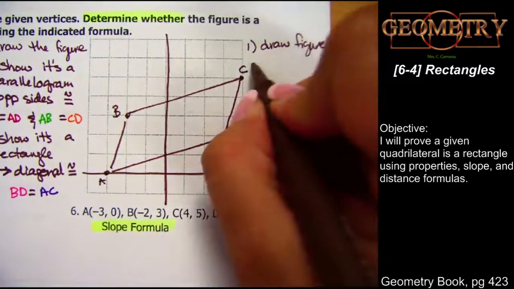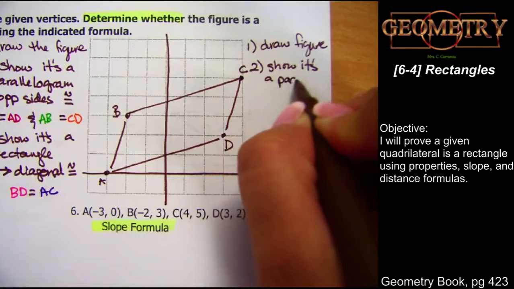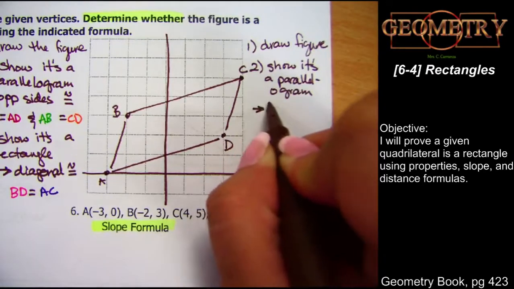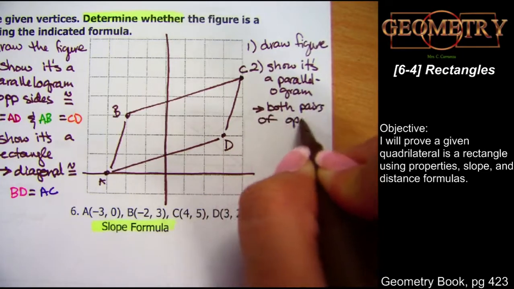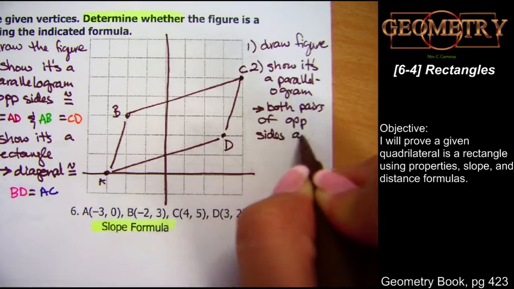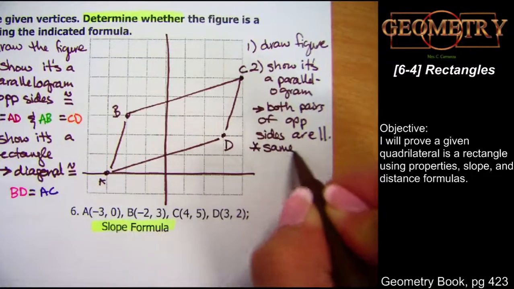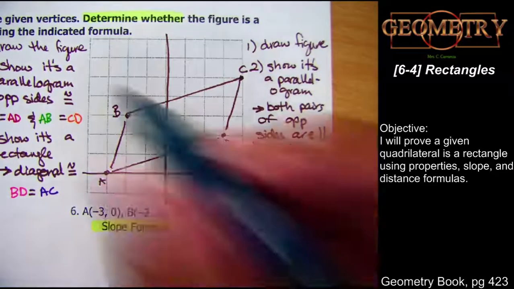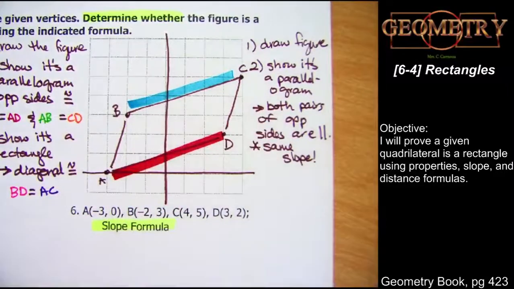In the slope formula, you want to show it's a parallelogram. You're going to do that by showing that both pairs of opposite sides are parallel. That is, same slope. Again, I'm going to color code these for you so it's easy to see which ones we're referencing.